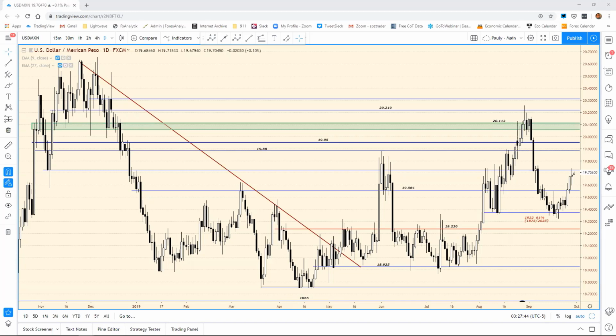The pair needs to defend 1950 on a daily close to avoid a backslide. Resistance is 1982 with support at 1954. So we're actually doing pretty good so far.